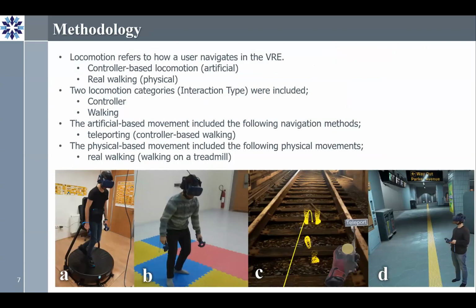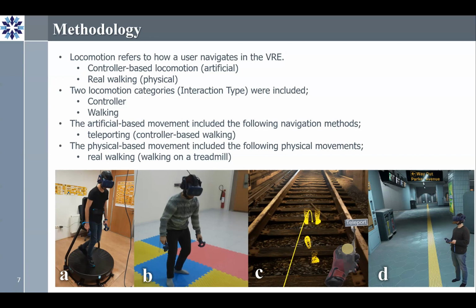The experiment was conducted with 45 volunteer participants, 32 males and 13 females. The average age was 25.44. Four locomotions were used in this study.